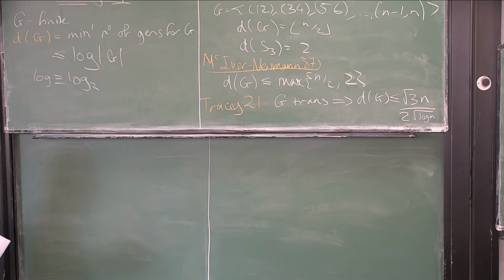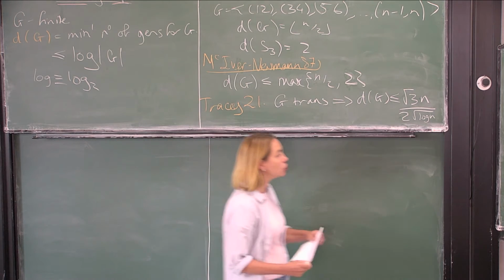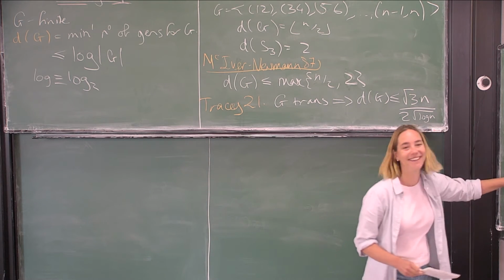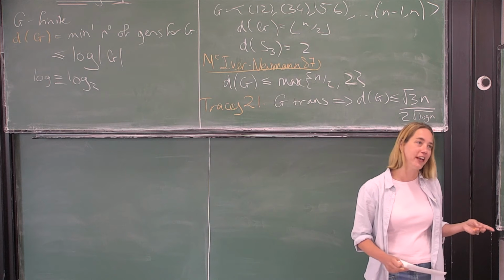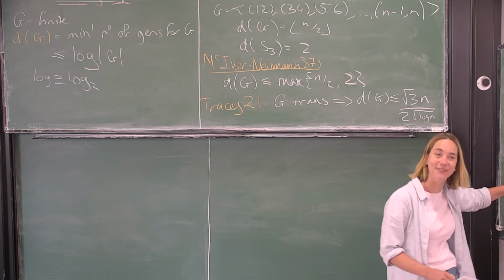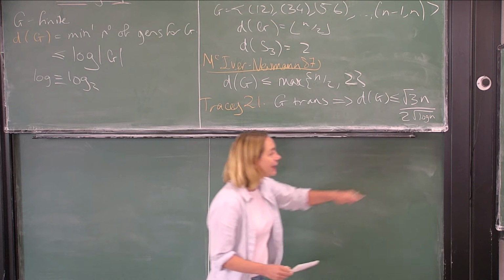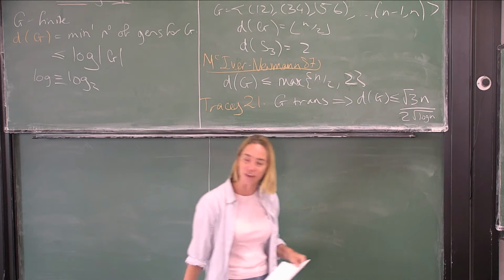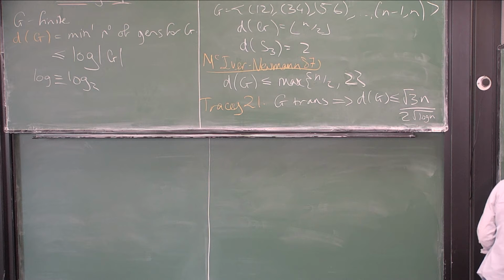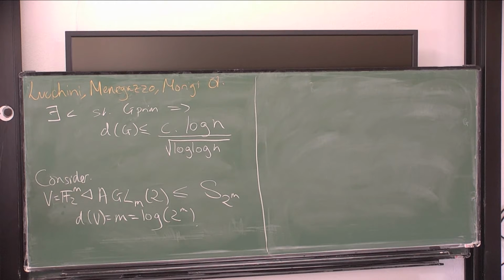Now, V is not primitive, but it is a normal subgroup of a primitive group. And, well, this is looking like I can only count generators of vector spaces, which is almost true, but not quite. But I can count generators of vector spaces. And that definitely needs m generators, and you can't do any less than that. So here, D of V, which is m, is precisely log of my degree there, 2 to the m.